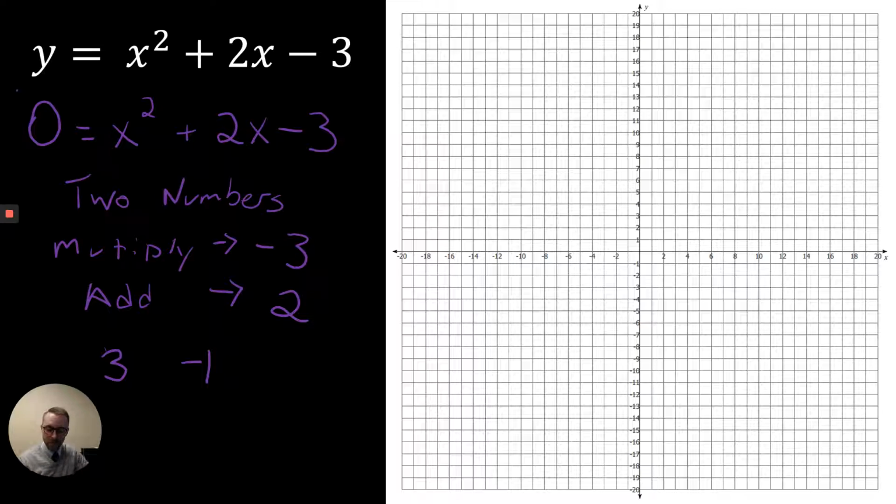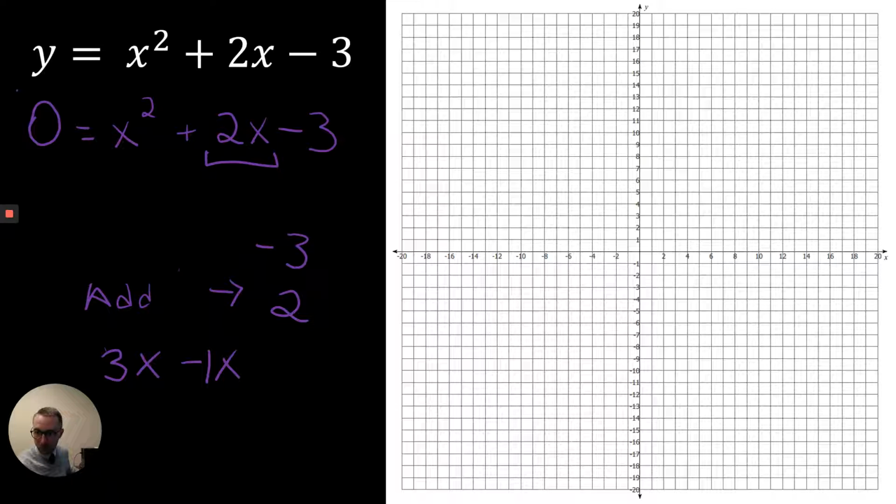So once I have those two numbers, here's what I do. Essentially, I'm going to come back up here to 2x, to that middle term, and I'm going to split that in half, and that's going to become 3x minus 1x. Let me erase all of this stuff in the middle. Hopefully you had a chance to write it down. I'm going to split 2x into positive 3x and negative 1x.